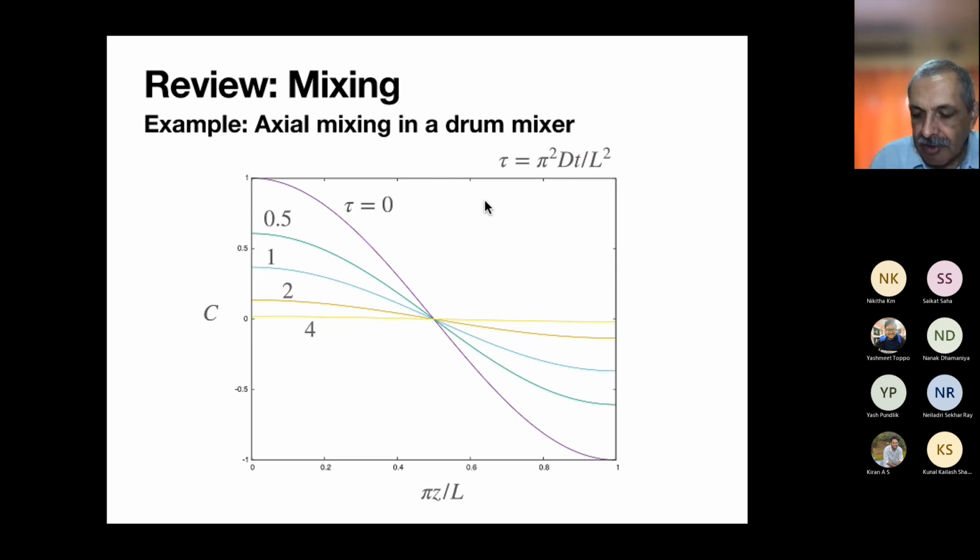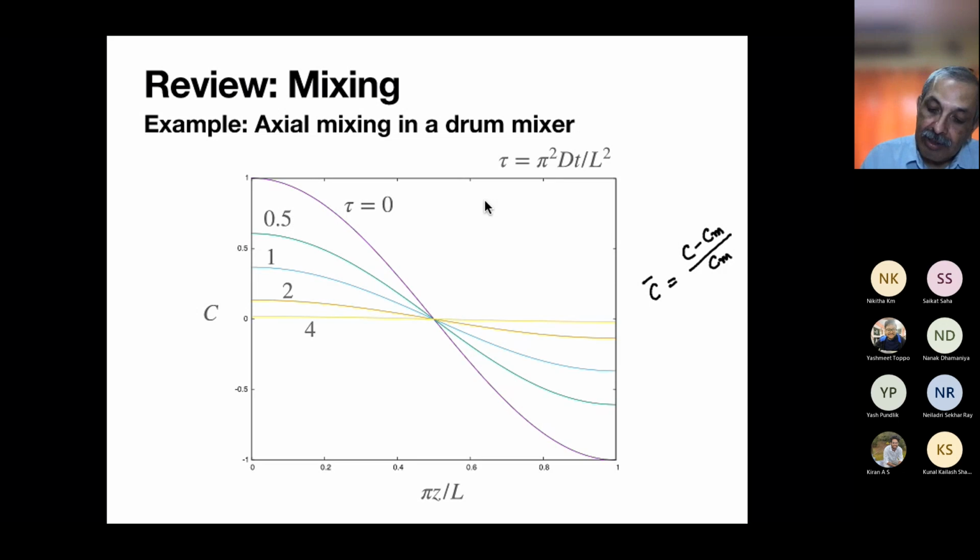You can think of this as a dimensionless concentration, and it could be C minus the mean concentration divided by the mean concentration. It could be something like this. That's why in some places it's positive and in some places it's negative.